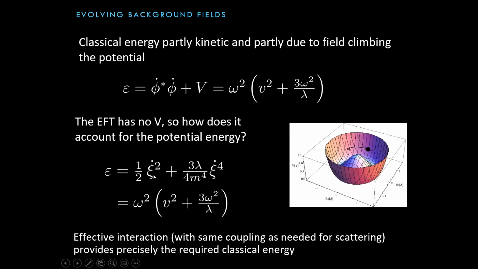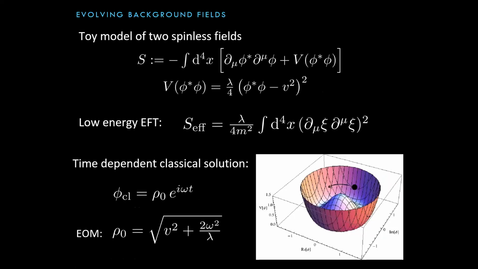And if I evaluate this at the solution where C is linear in time, so C is going like omega t, I get this. And you see that the numerical factors are exactly what they needed to be in order to capture the total energy of the full theory, including the potential energy part of it. And that all worked, but it only worked because when I calculated the energy, I used this specific interaction.